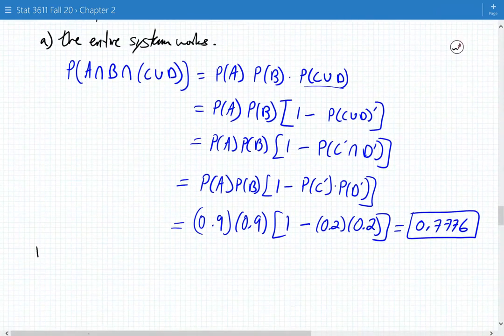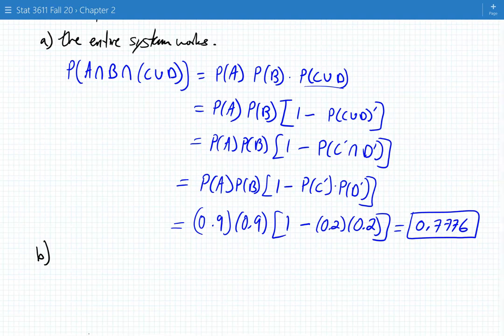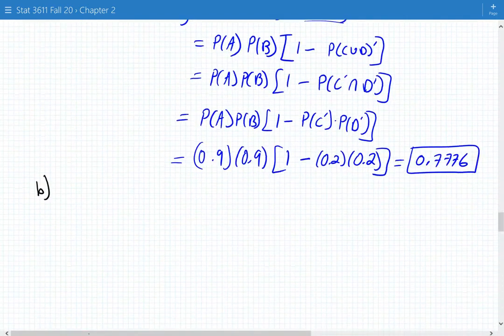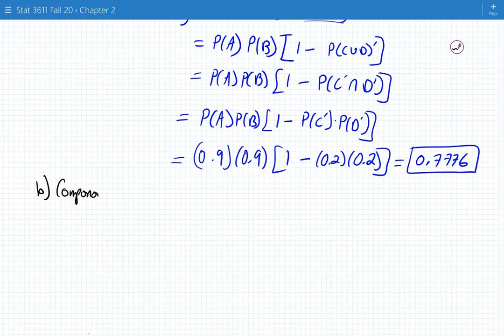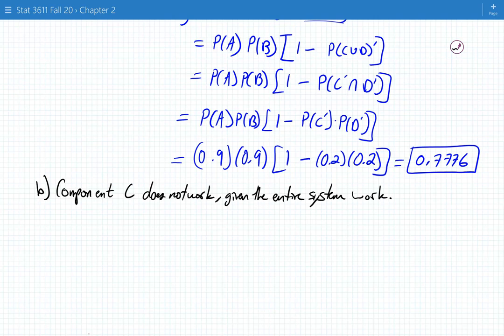All right. Part B. This is the last part here. Let's find the probability that component C does not work, given that the entire system works.